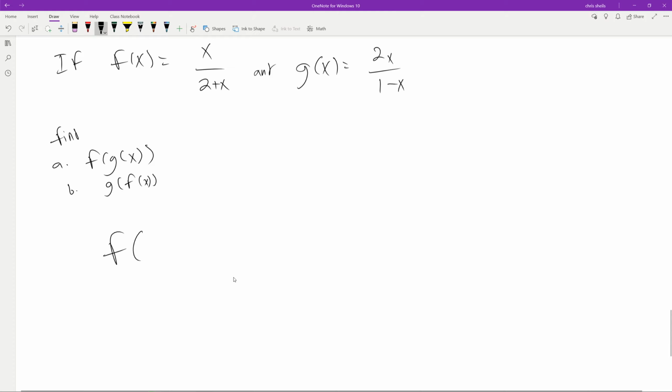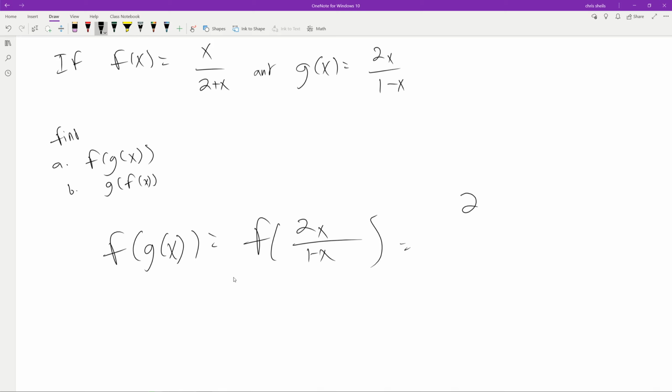So f of g of x is f of 2x over 1 minus x. And this is, I'm going to place parentheses here, 2x over 1 minus x divided by 2 plus 2x over 1 minus x.